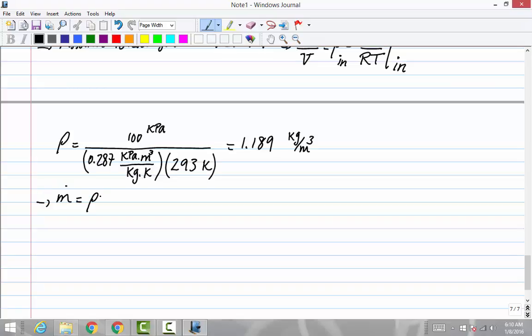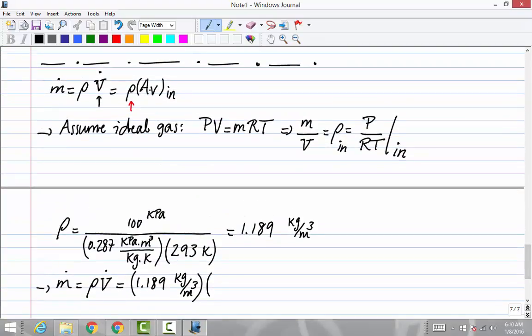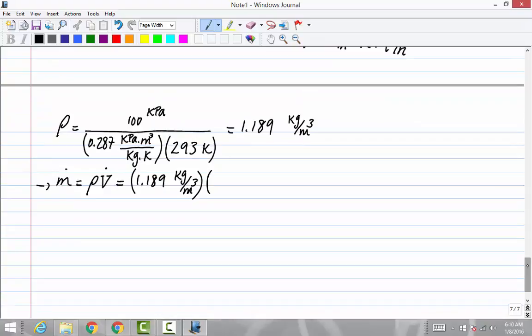Mass flow rate was rho times volumetric flow rate, equals 1.189 kilogram per meter cubed times AV at the inlet. A is pi over 4 d squared, where d was 7 meters.